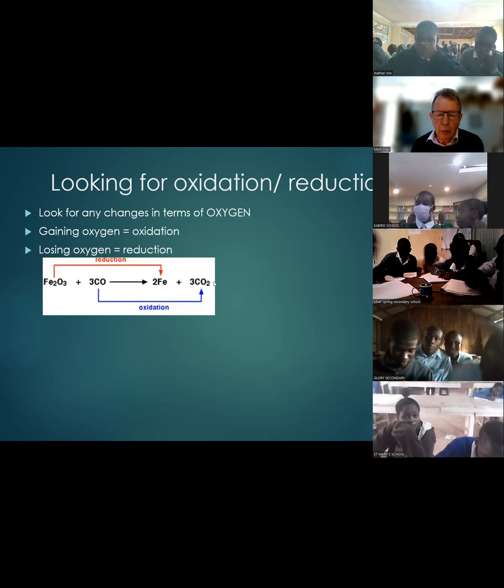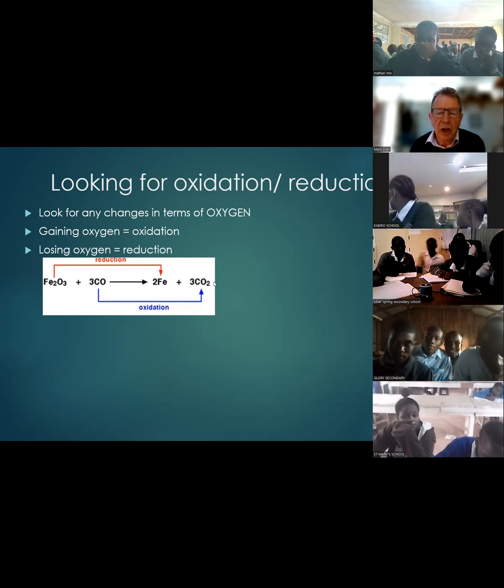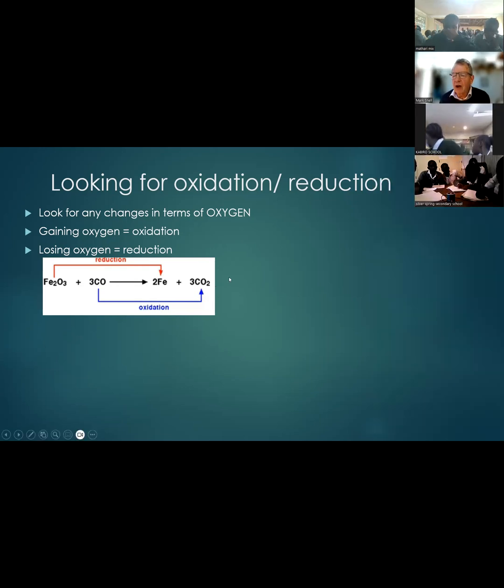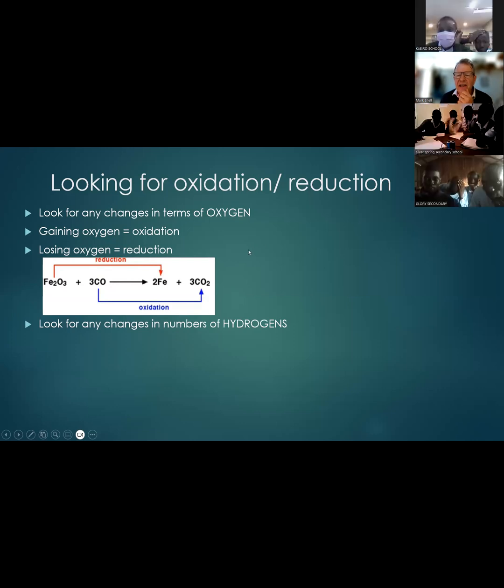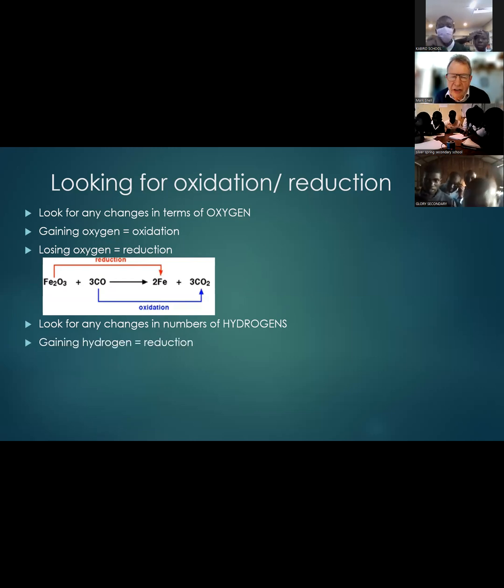The second way that we do it is look for hydrogens. So if the equation does not have oxygens, look for hydrogens. Gaining or losing hydrogens is the opposite of what happens with oxygens. So if you gain oxygen, it's oxidation, but if you gain hydrogen, it's reduction.